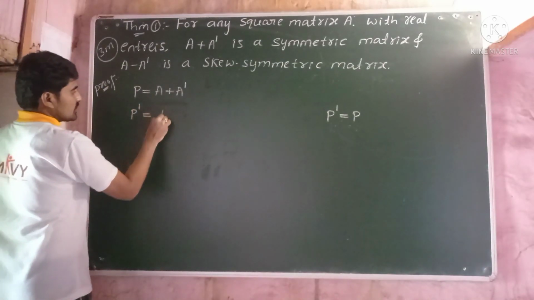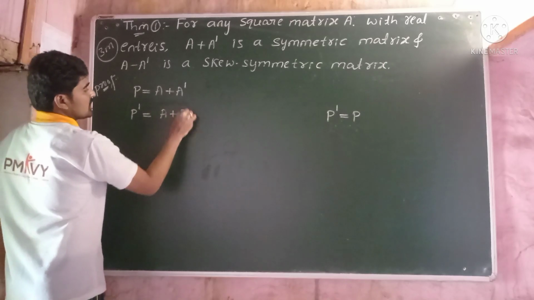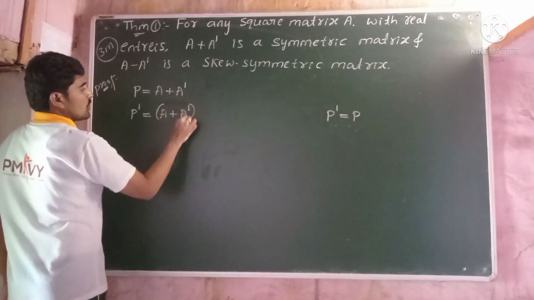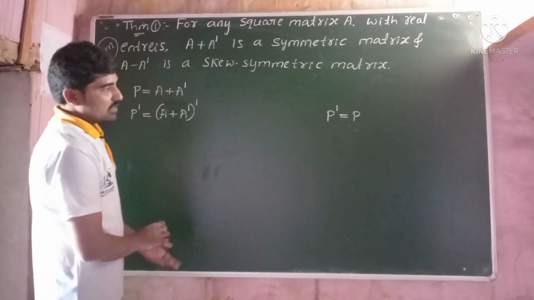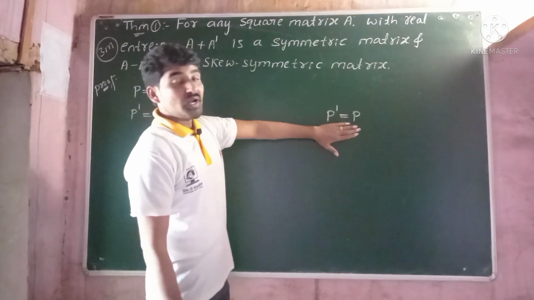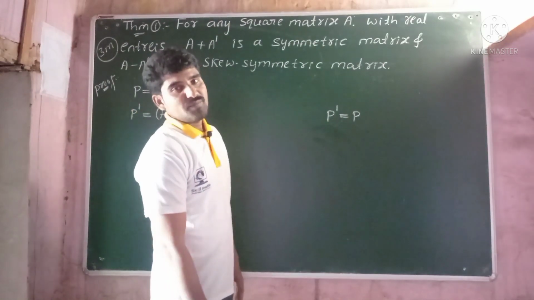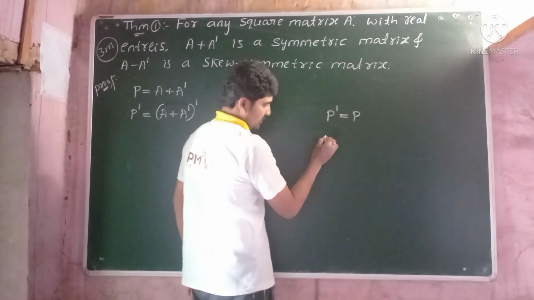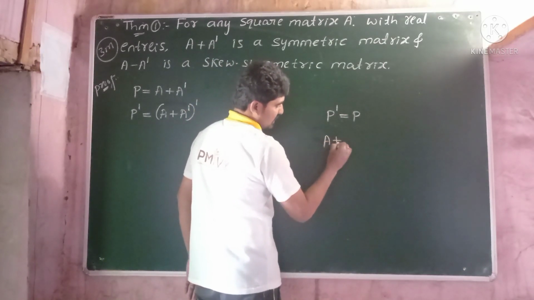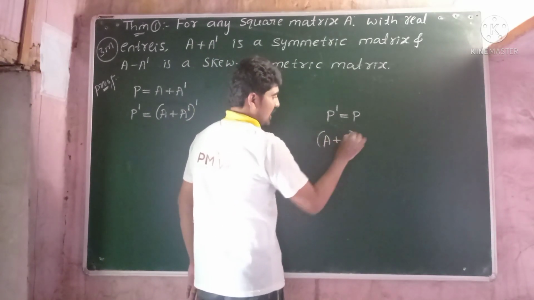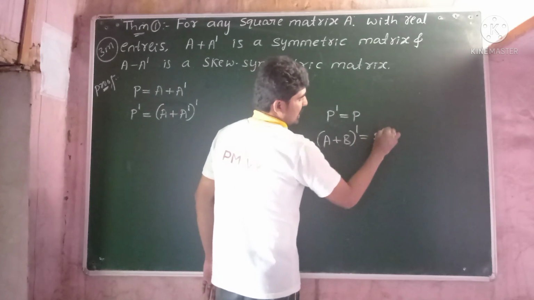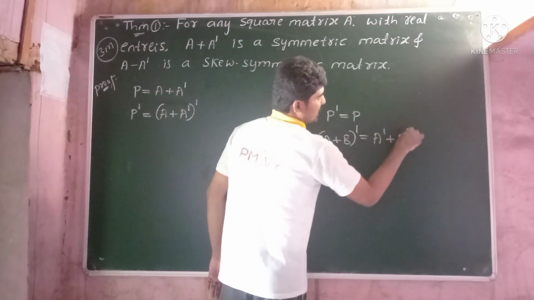P dash is equals to A plus A dash whole dash. Now by using the properties of transpose of a matrix, that is, A plus B whole dash is equals to A dash plus B dash.